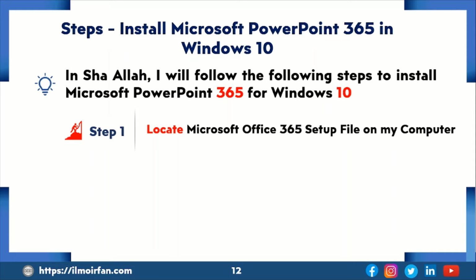So, I have downloaded Microsoft Office 365 setup file to get access to the entire collection of essential apps including Word, PowerPoint, Excel, etc. Therefore, to access the setup file, I will first go to the desktop screen by using Windows plus D key.